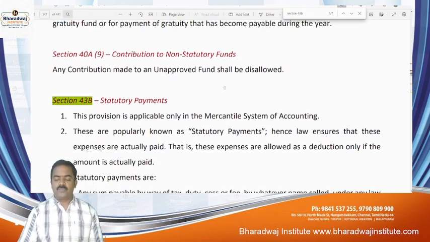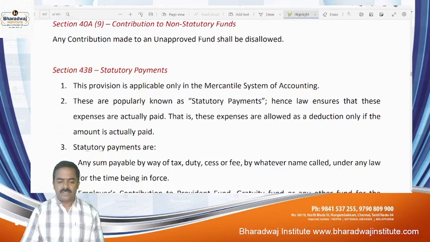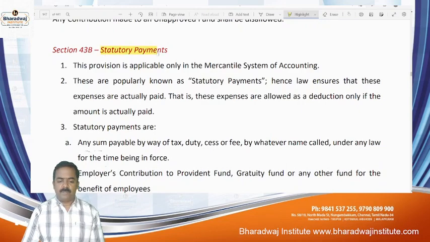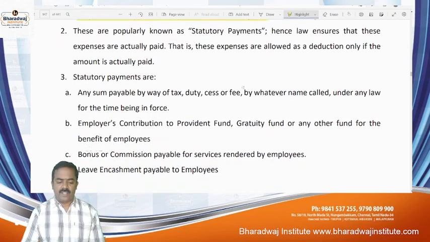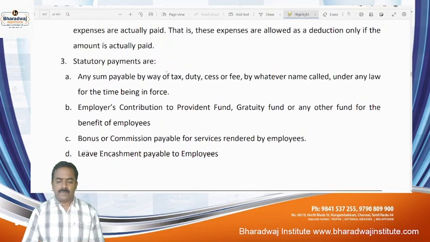Page number, I hope, 147. Look at this. Statutory payments. This is applicable to the mercantile system of accounting. Okay, what are the statutory payments?